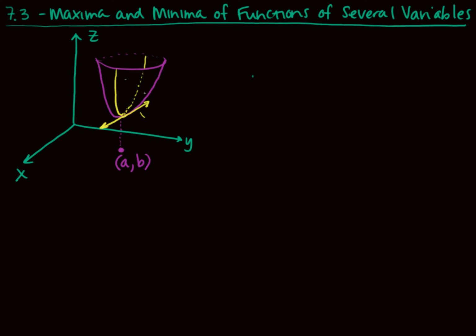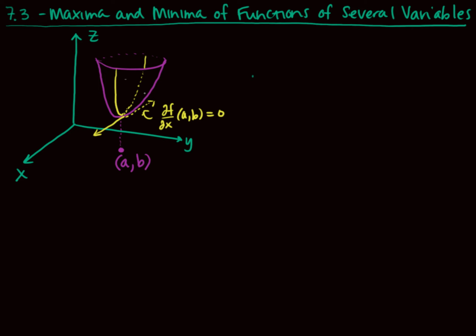I hope you can visualize that. Also look in your book, they do a really nice job of that. Notice that the slope of this, the partial of f with respect to x, is 0. So this is a horizontal line going above the xy plane.